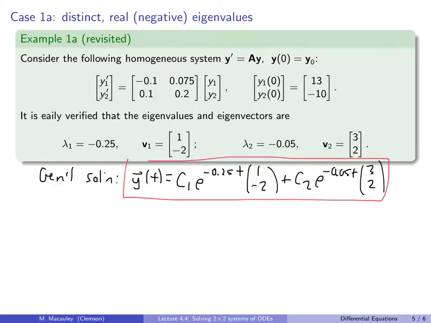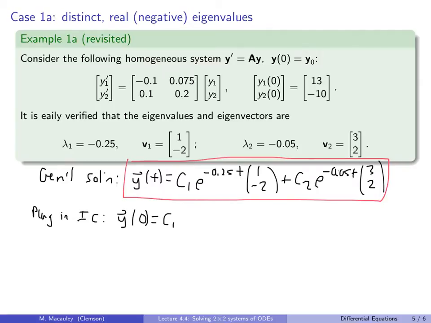That's it. So let's plug in our initial condition, 13, negative 10. So y of 0 equals C1.